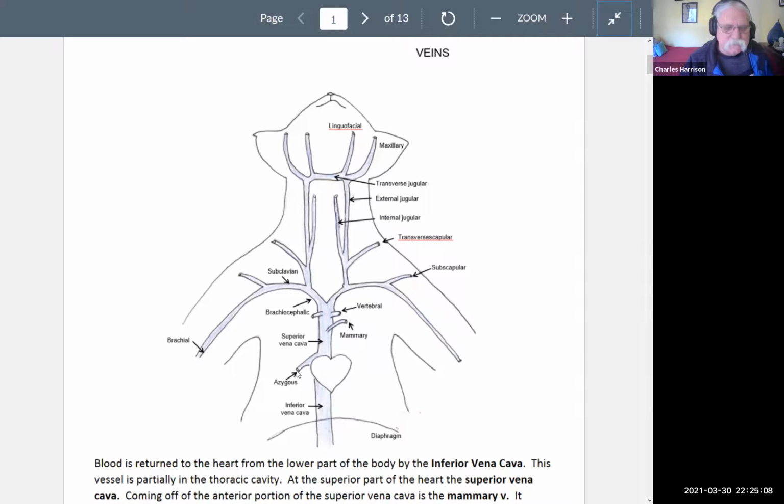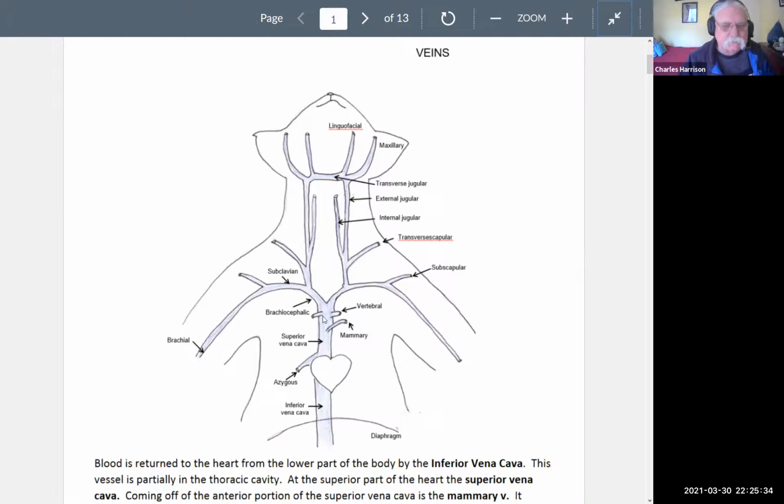It's kind of a spectacular vein and rather eerie looking, much more so than this diagram. It's the azygous vein. I'll show you one. Azygous feeds into the superior vena cava. Mammary feeds into the superior vena cava.